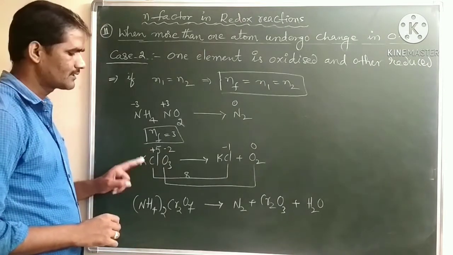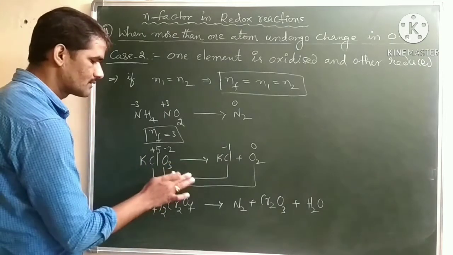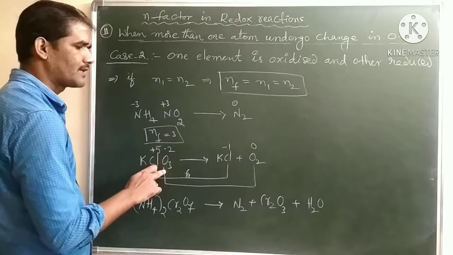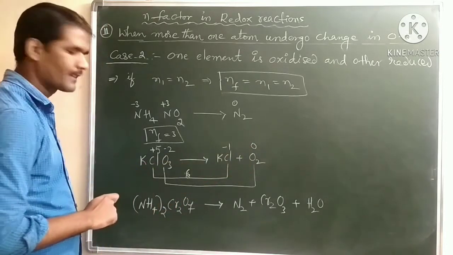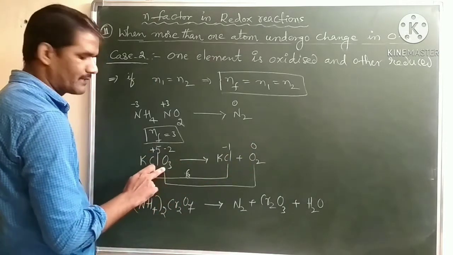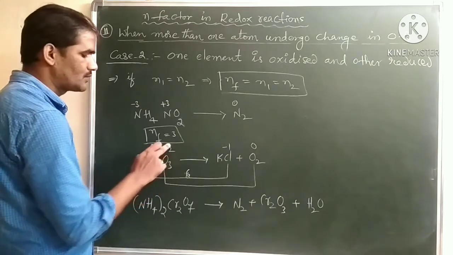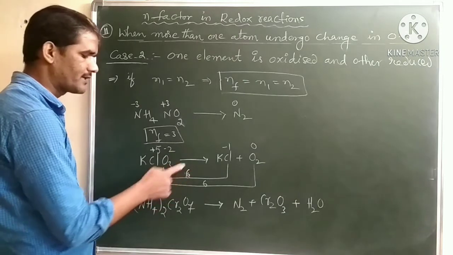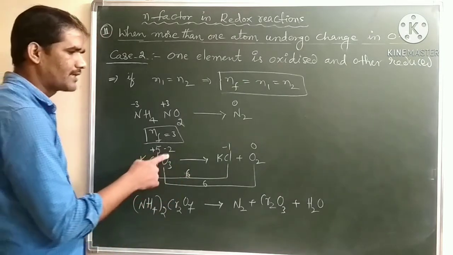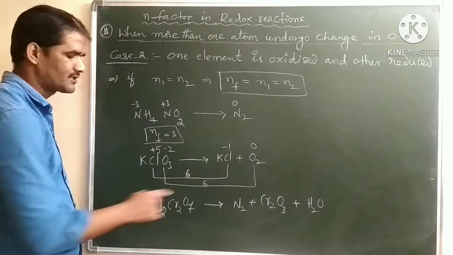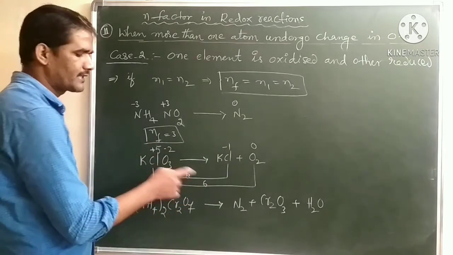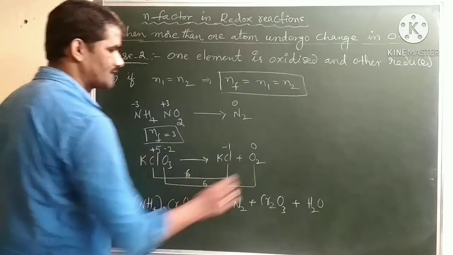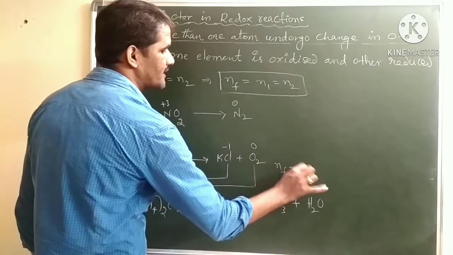KClO3 is +5. +5 to -1. This is 6, not 8. And this is oxygen -2 to 0. So change 2, but there are 3 oxygens. 3 into 2, again 6. Decrease in oxidation state is 6. Oxygen -2 to 0, increase in oxidation state again 6. So in both cases the change in oxidation state is the same. So resultant n factor for KClO3 is 6.